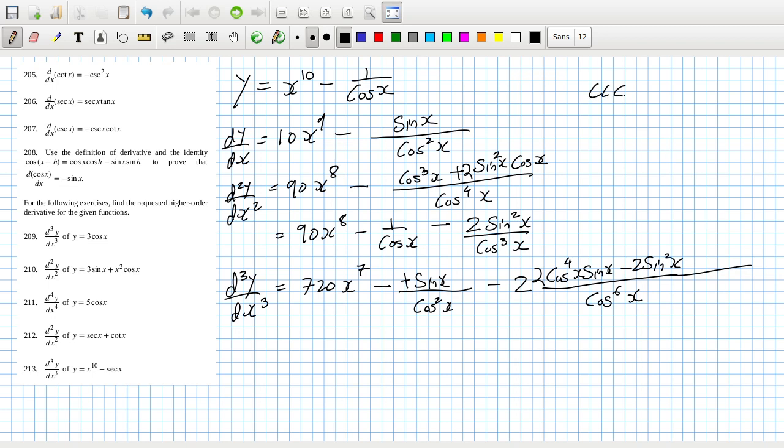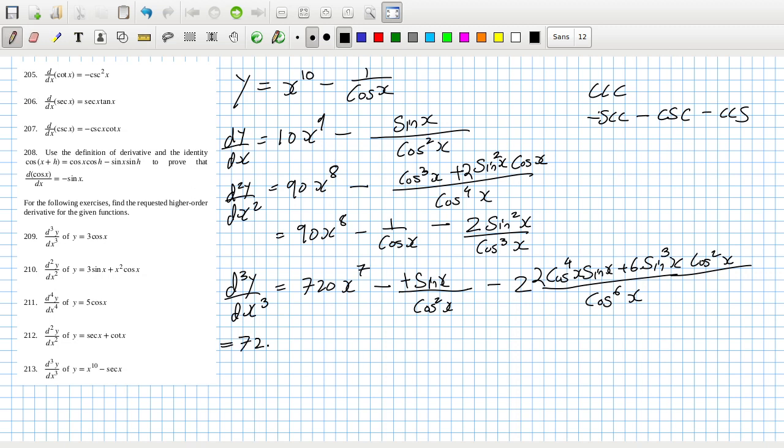So if you think about it, cos cos cos will become minus sine cos cos minus cos sine cos minus cos cos sine. So there's 3 identical terms here, so I can take the minus 3 out and make that a plus 6. And it's cos squared by a sine, so that will become a cubed.